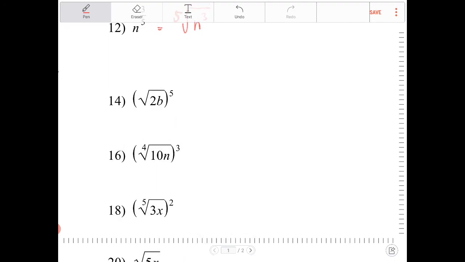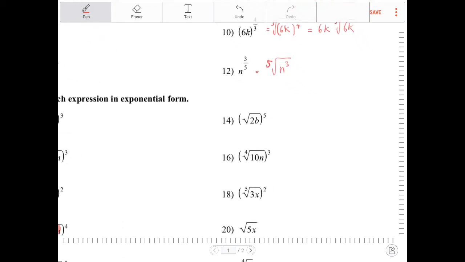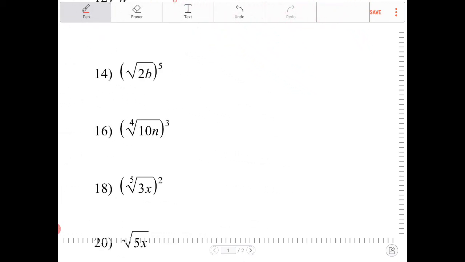Number 14. Now I need to convert going backwards. Write each expression in exponential form. So that's what I'm going to do. Square root of 2b to the 5th is equal to 2b to the power of 5 halves. Next, this is equivalent to 10n to the power of 3/4.